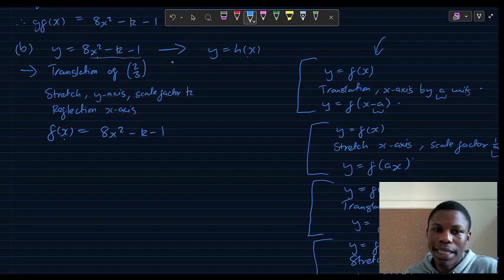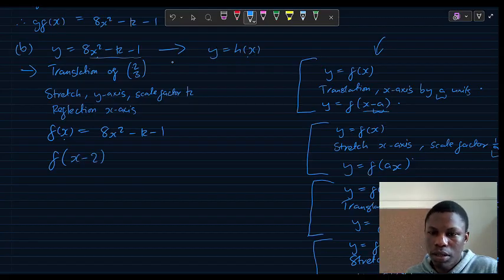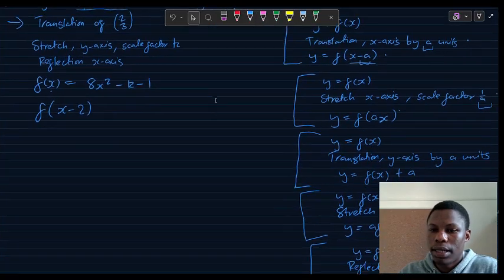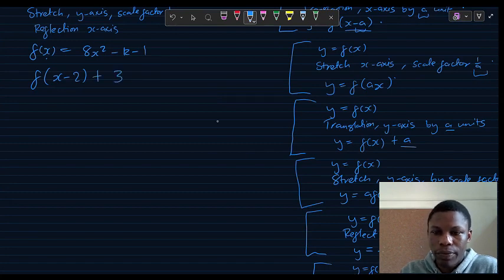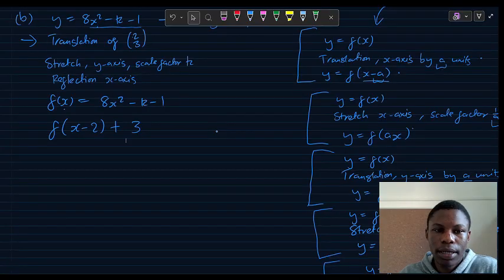So we're moving in the x-axis by 2 units and in the y-axis by 3 units. So remember, x-axis by 2 units becomes x minus 2. And then y-axis by a units becomes f of x plus a. So plus 3.